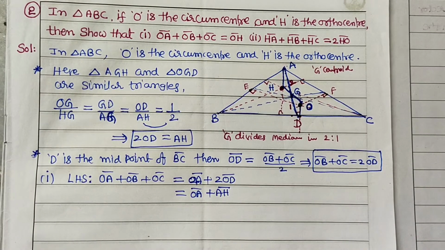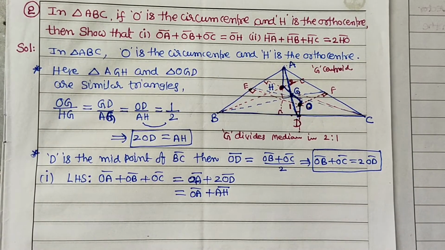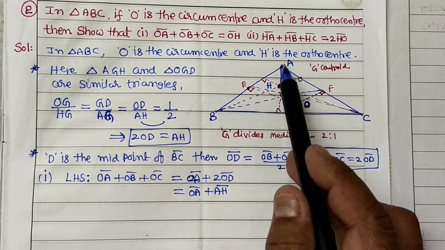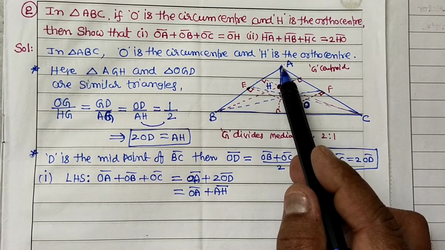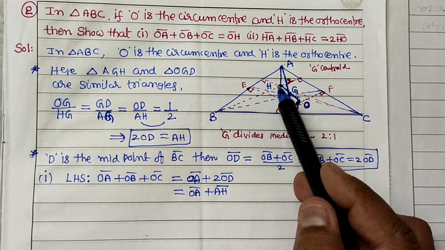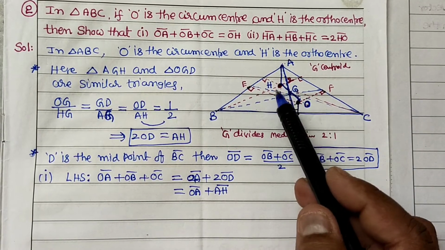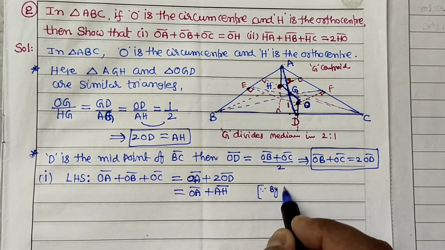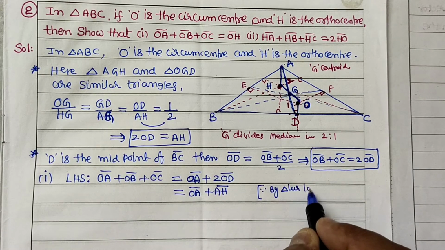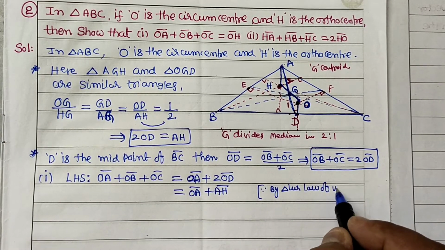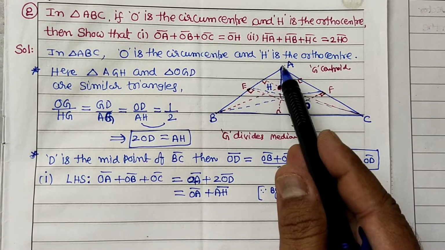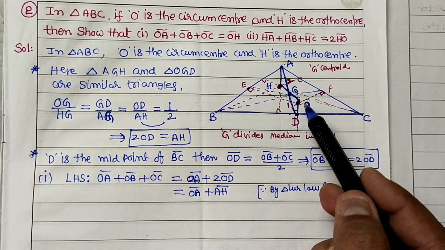Again here we are going to apply the triangular law of vectors. OA plus AH is equal to OH by using the triangular law of vectors.